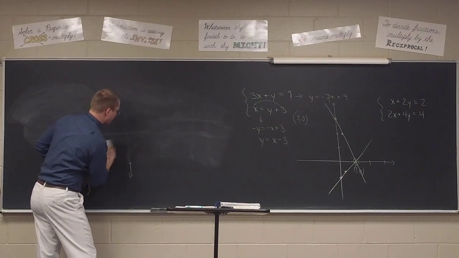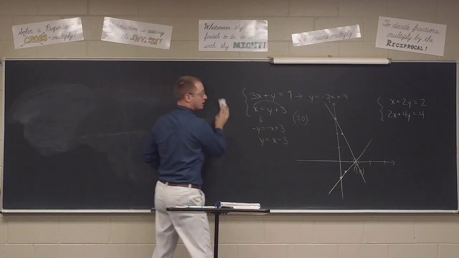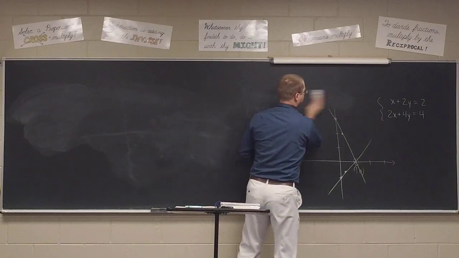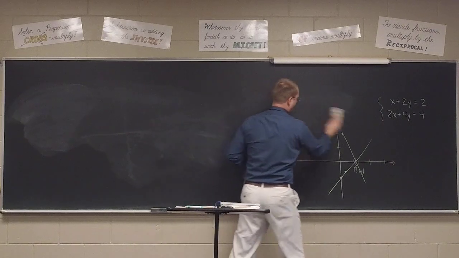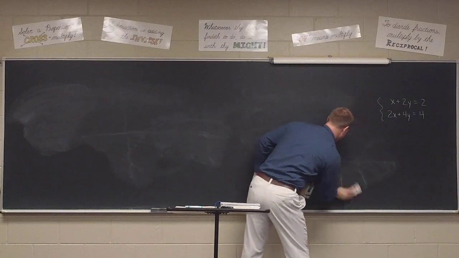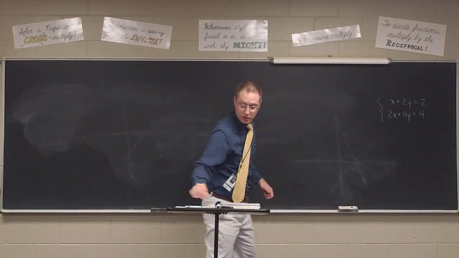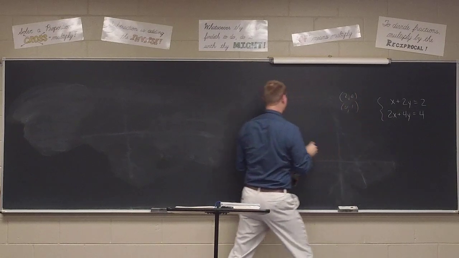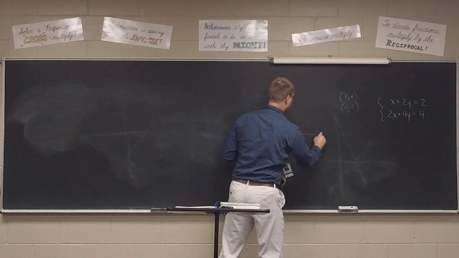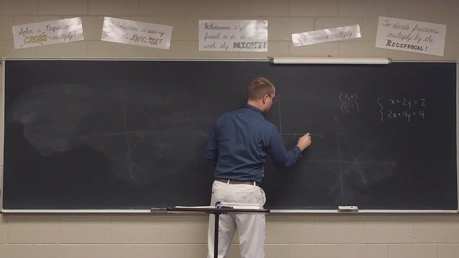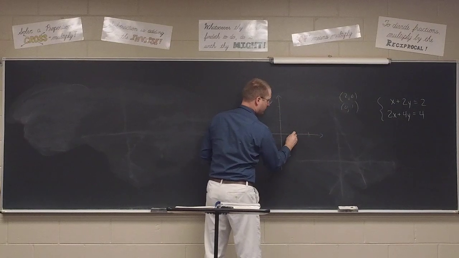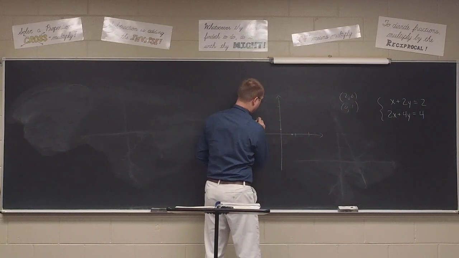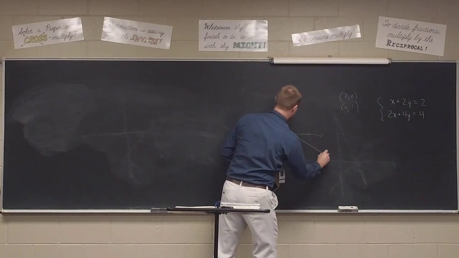All right, and then for your y-intercept, 0, 1. So we have 2, 0 and 0, 1 for our intercepts on the first equation. All right, so 2, 0, 0, 1, getting a line that looks something like that, okay?